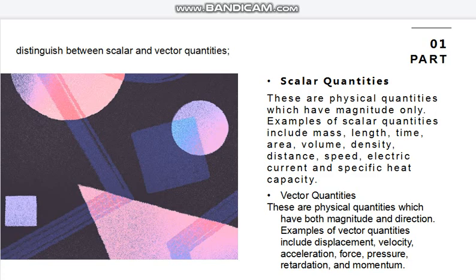Vector quantities are physical quantities which have both magnitude and direction. This means that vector quantities carry more information than scalar quantities, because they have a given direction. They show a certain direction where they are heading. Examples of vector quantities include displacement.